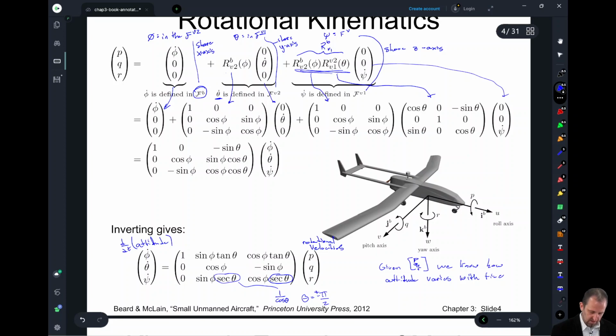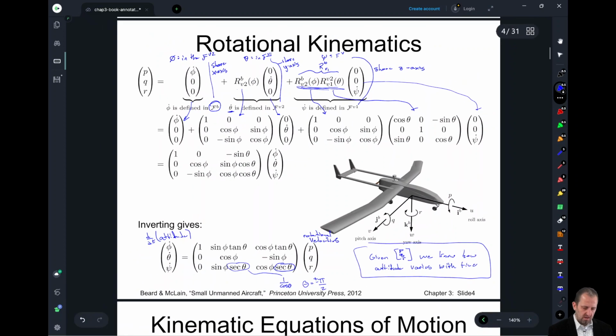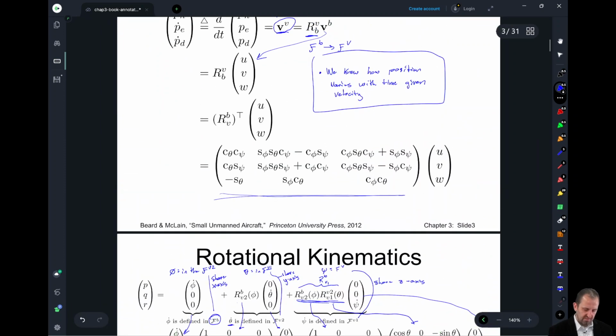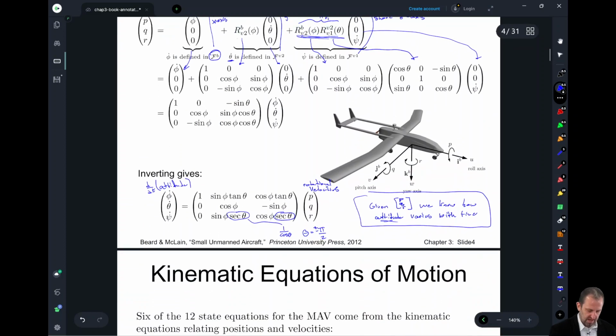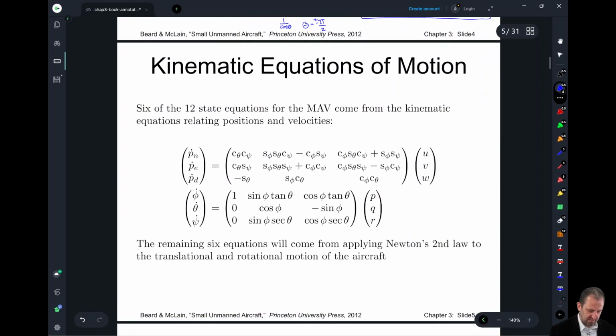Okay, this is fantastic. So we have done our translational velocities, so we know how position varies with time. Now we know how our attitude varies with time, and we've gotten 6 out of the 12 equations. So 6 out of the 12 time derivatives are already defined.